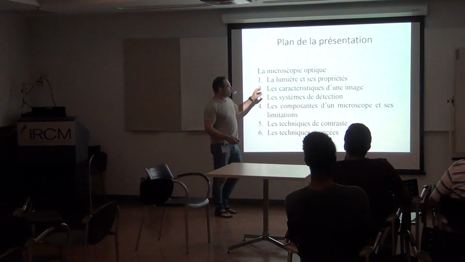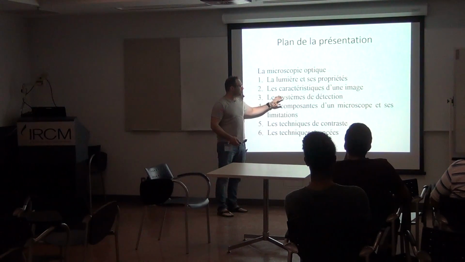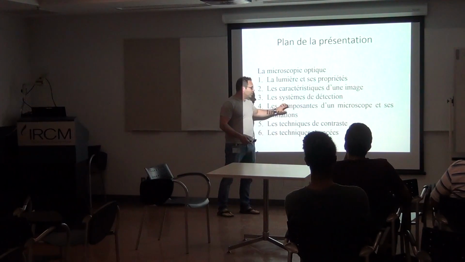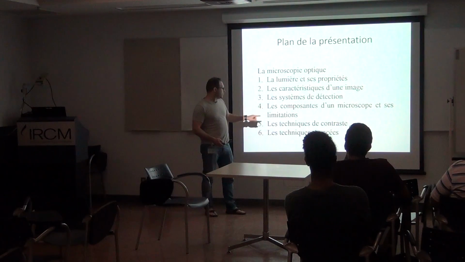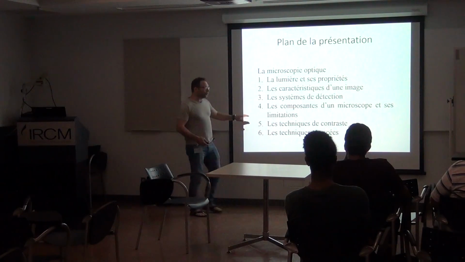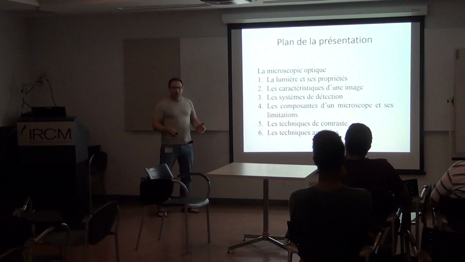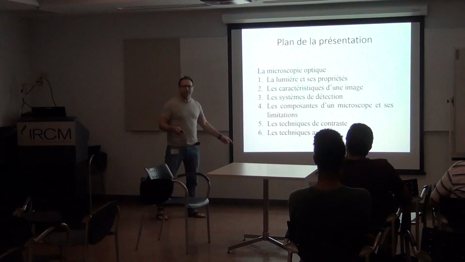We're going to see what are the characteristics of an image, what kind of system we can use to detect light, the principal component from a microscope and the limitation, and contrast techniques, which is mostly what we try to do when we look at the specimen, because usually the specimen is like translucent, so if we want to see it, we kind of need to make it contrasted. And advanced technique of microscopy.